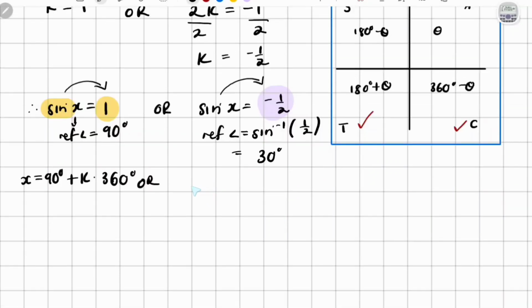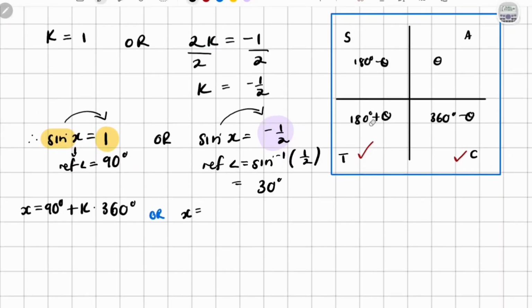Then we're going to say x is equal to, and I can still leave that all there, because they're all just solutions for x. Look at the reduction we have here. Remember how I said theta is basically your reference angle. So we're saying 180 degrees plus theta, meaning 30 degrees.